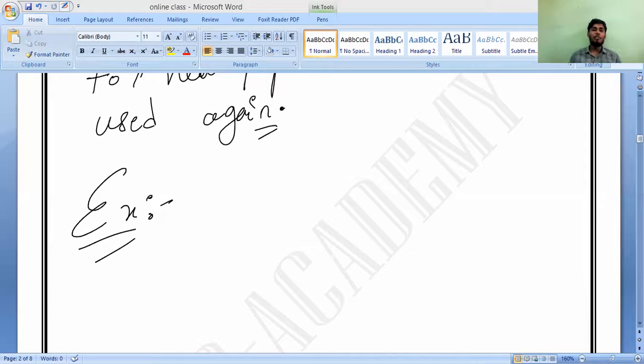So old newspapers, magazines, our notebooks, our textbooks, and packaging materials we can reuse after removing ink from them. Sir, how to remove the ink? We can do it using a chemical process.